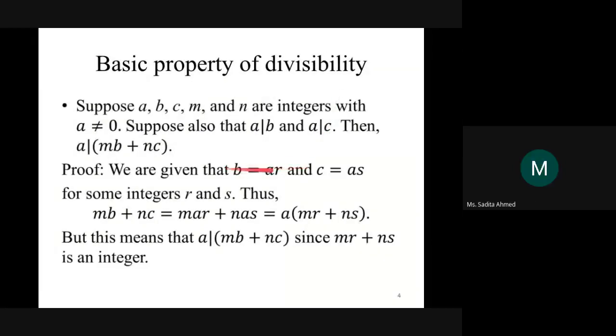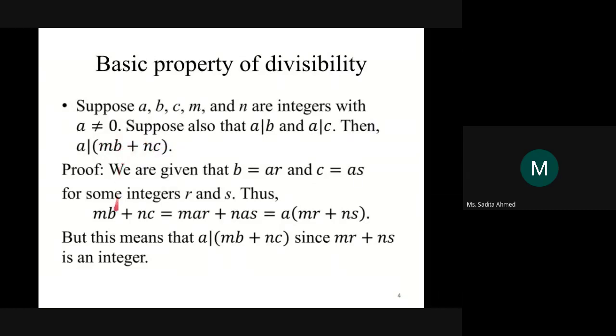Okay. So in that case, now let's see what we get from MB plus NC. In order to prove this, we have to show that MB plus NC is divisible by A, right? That is, if you divide MB plus NC by A, you will get an integer in the result. That is what we have to prove.